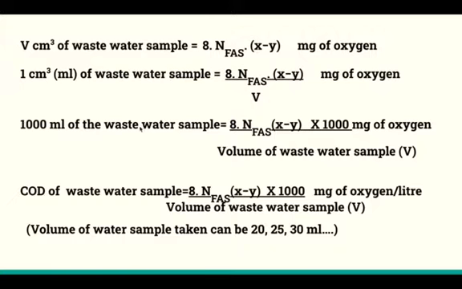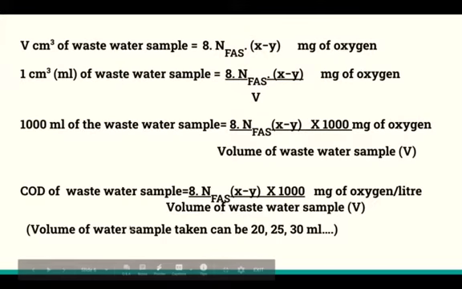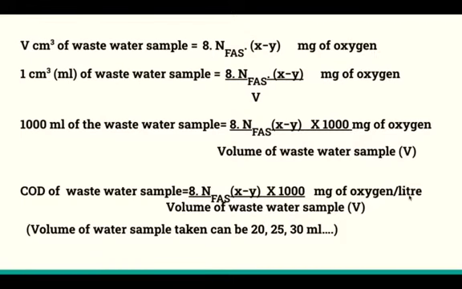So for 1000 ml of wastewater sample, it will be 8 into normality of FAS into X minus Y into 1000 divided by volume of wastewater sample, that much milligram of oxygen. So COD of the wastewater sample will be 8 into normality of FAS into X minus Y into 1000 divided by volume of wastewater sample, that much milligram of oxygen per liter.